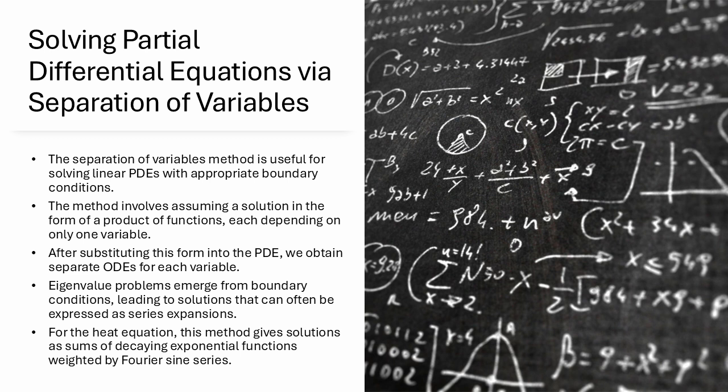We dove into a specific example, the heat equation, which describes how heat flows through a material. And we explored this clever technique called separation of variables, where we essentially break down a complex PDE into smaller, simpler equations that we can solve individually. We also talked about the importance of boundary conditions and initial conditions. These are like the rules of the game that help us tailor our solution to the specific scenario we're trying to model.